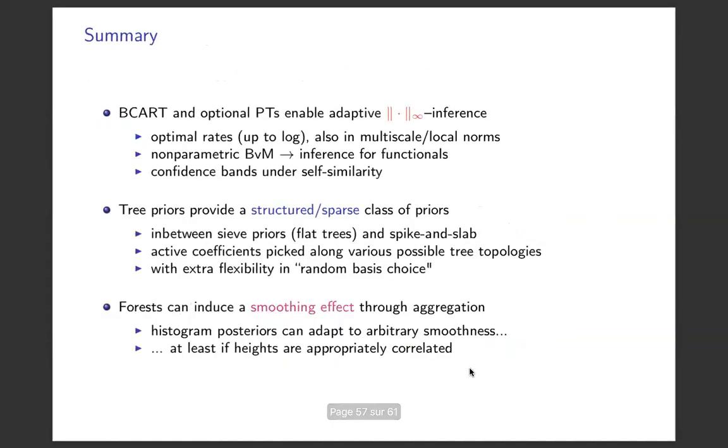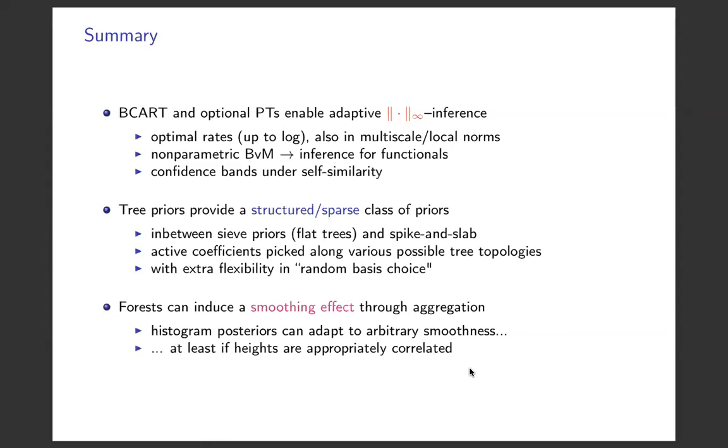Okay, so to wrap up, maybe some key message from this talk is the fact that trees, BART and many such algorithms are flexible enough to get sup-norm and multi-scale adaptation. This has implications in terms of uncertainty quantification if you want to get confidence bands.